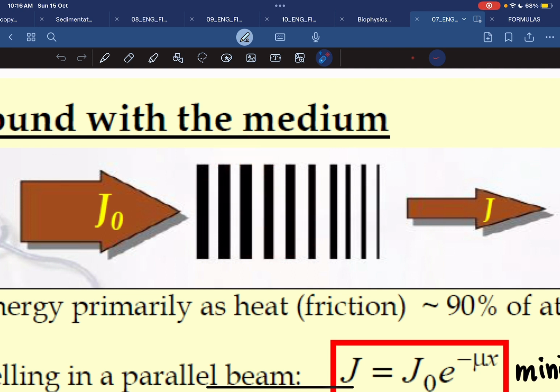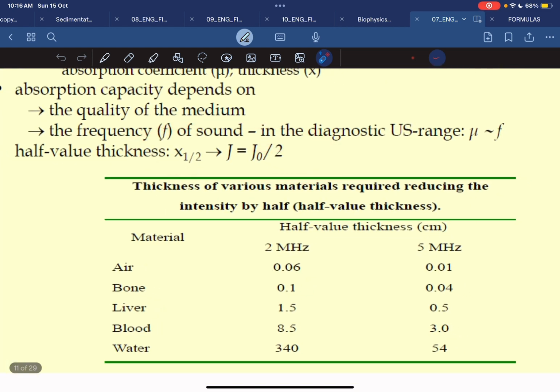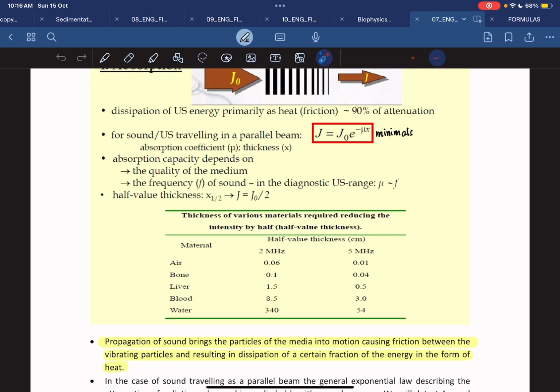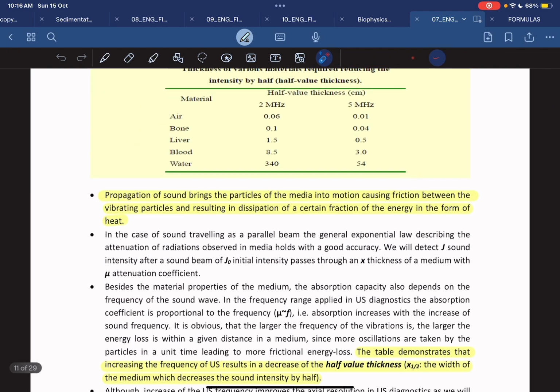X half doesn't literally mean half of x. X half refers to the distance traveled after which the intensity became exactly half. That is half value thickness. So that's why I told you to remember that.